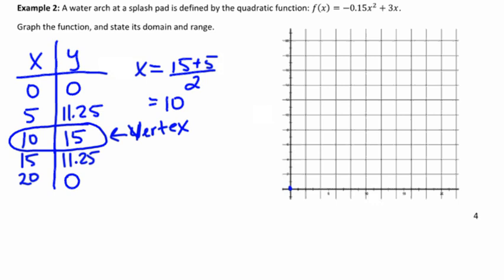So my x's are going up by 1s. 1, 2, 3, 4, 5, 6, 7, 8, 9. 10 is here. 2, 4, 6, 8, 10, 12, 14. 15 will be here.